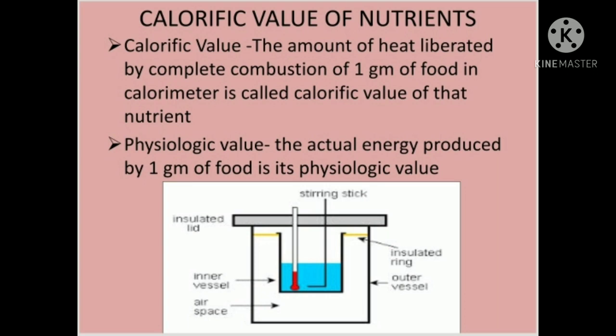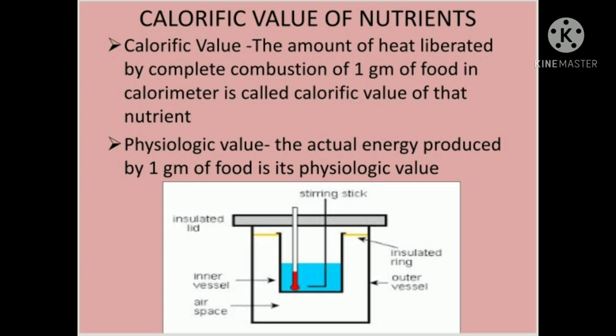So it says about the calorific value of the nutrients. As our food contains different types of nutrients like fats, proteins, and carbohydrates, each of these has its own value, and they are measured in the form of calorific value. So what do you mean by calorific value?